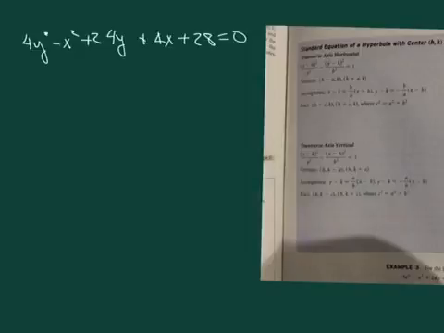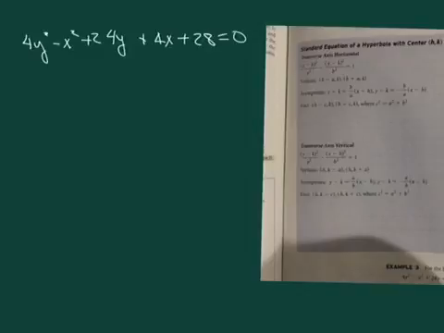So let's go ahead and put example 3 up here, and then we'll talk about it. So we've got 4y squared minus x squared plus 24y plus 4x plus 28 equals 0. So we're trying to get this to look like this, or this here, depending on where our negative is. Is there a negative on the x, or is it on the y?